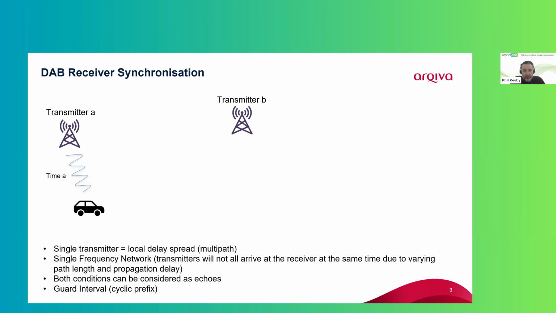So in this scenario, we've just said that we need to time the network so that all the transmitters transmit the same symbols into the SFN at the same time. But even with this scenario, where the receiver is in this car, in the real world, when that receiver is trying to decode that DAB signal, it isn't just going to have a direct line of sight path.